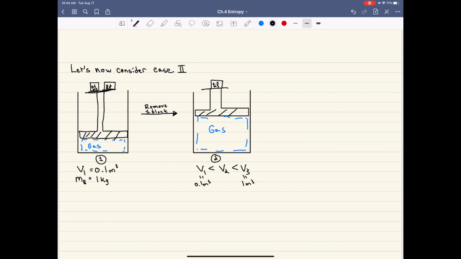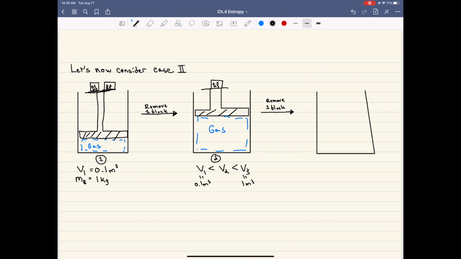And then, after we let the system get to that second volume, we're then going to remove the other block. Okay?